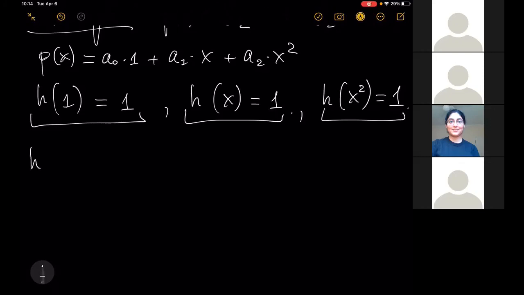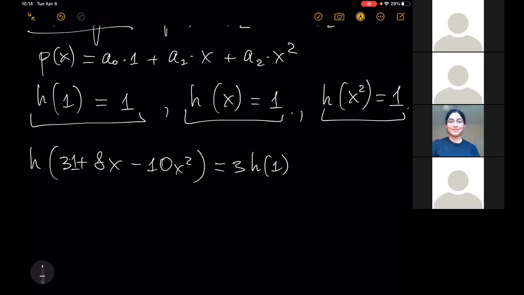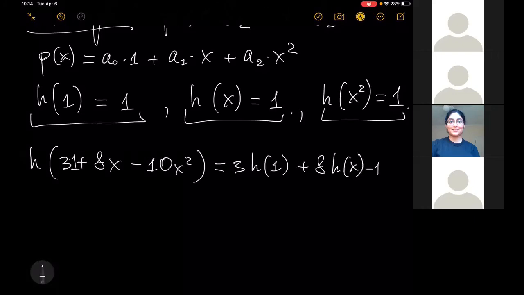For example, H applied to 3 plus 8x minus 10x squared: this is 3 times H of 1 plus 8 H of x minus 10 H of x squared.